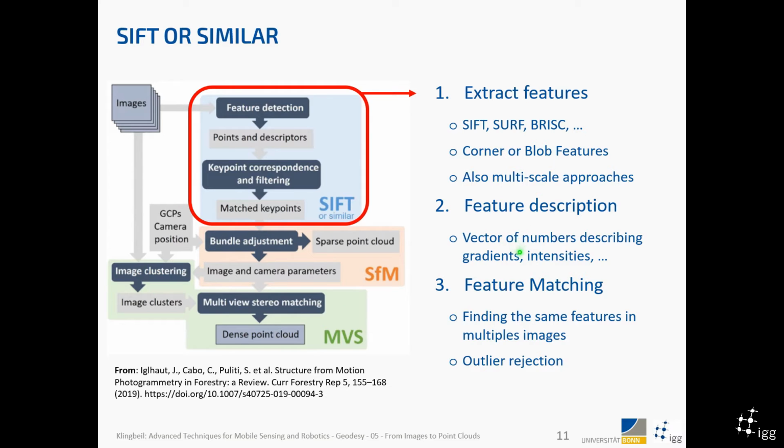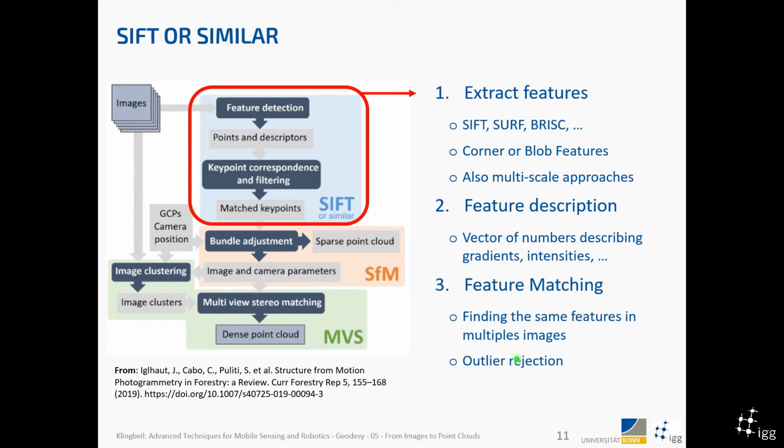The reason to do that is that when we find a feature in one image, we can find it in another image. And this is the whole goal for this step: we find features and we find the same features in other images, or we find corresponding features. This is the main thing.